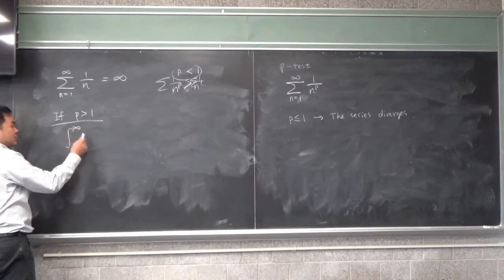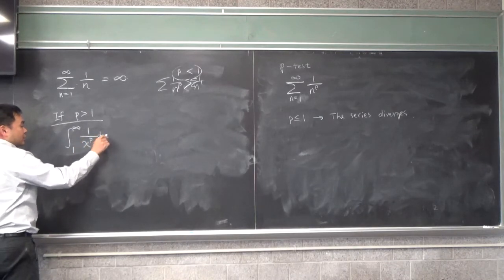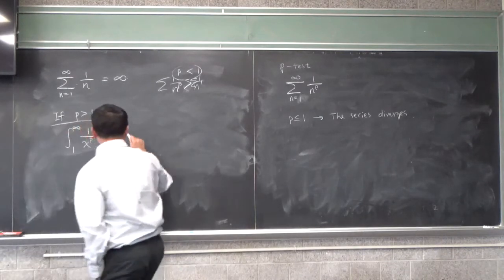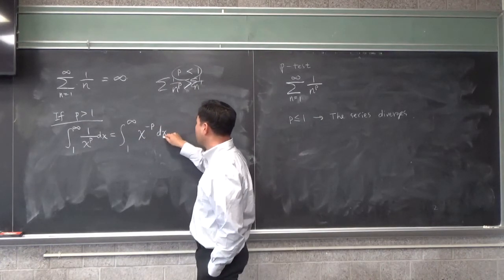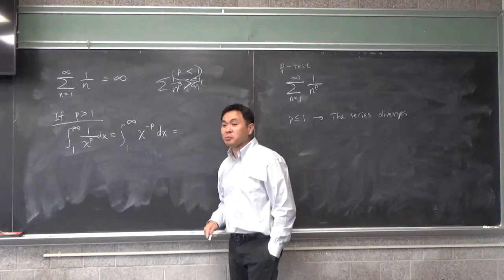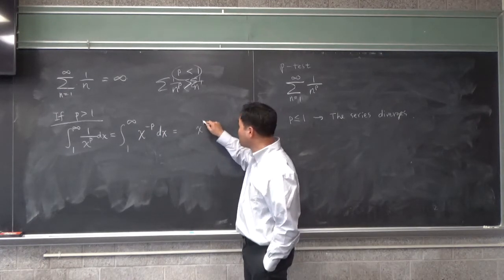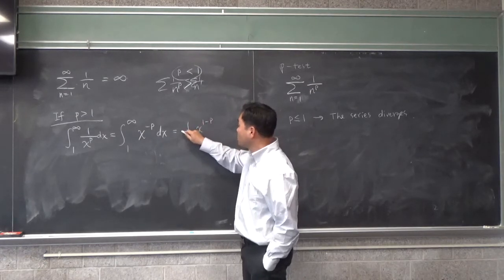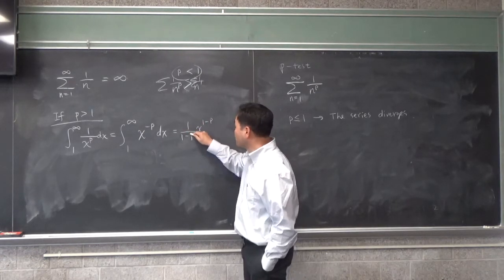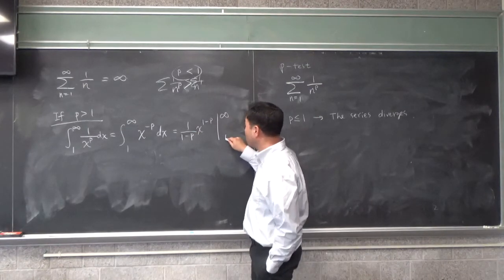The integral from 1 through infinity of 1 over x to the p dx, which can be written as x to the negative p power dx. I'm writing in this format so I can use the power rule. What's the power rule? You add 1 to the exponent, and what do you put in front? The reciprocal. Then you plug in infinity and 1.